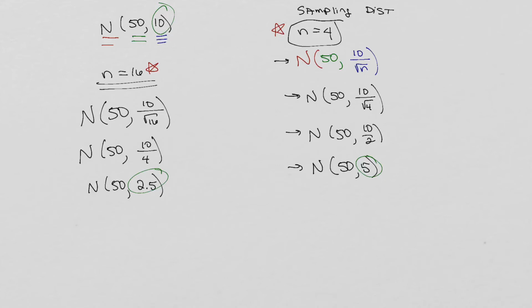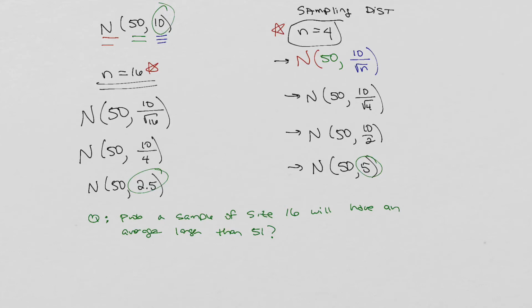And now once I know this, I can answer a question along these lines. What's the probability a sample of size 16 will have an average larger than 51? Okay. Well, what we have to do is look at our question and see what setting we're in.